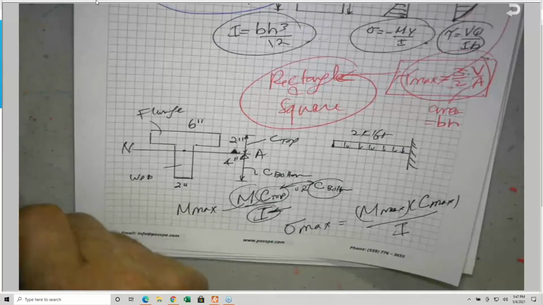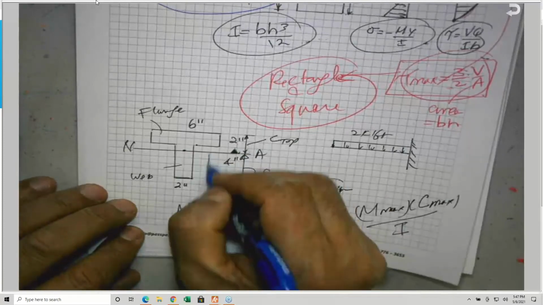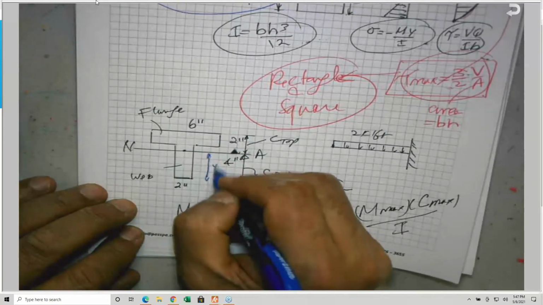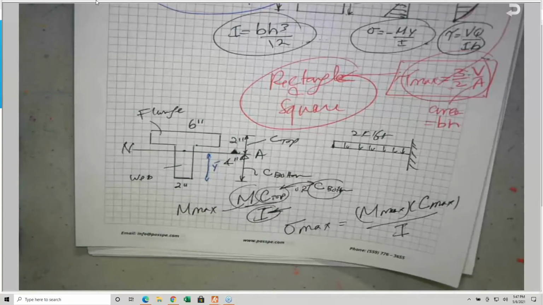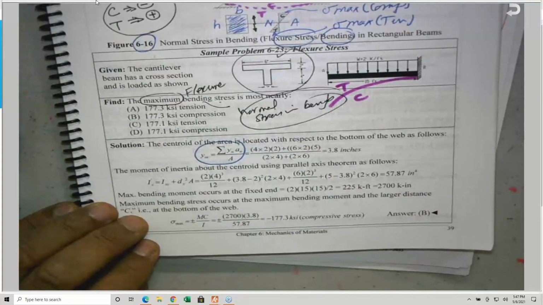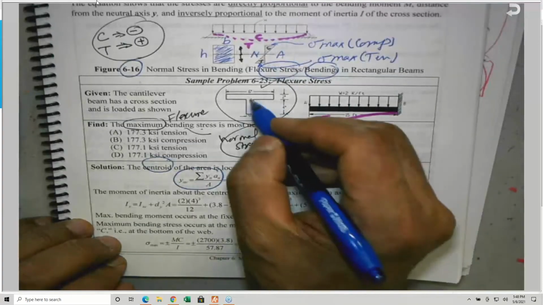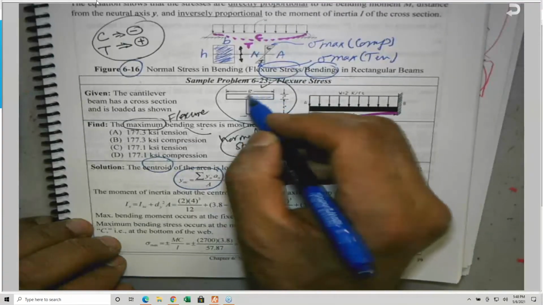So we need to look at this. How far from here to here, which you normally call y bar. And the y bar is given by this equation. Or y of the neutral axis, or y at the centroid of an area. Basically, you are going to divide this into 2 areas as we learned in statics.